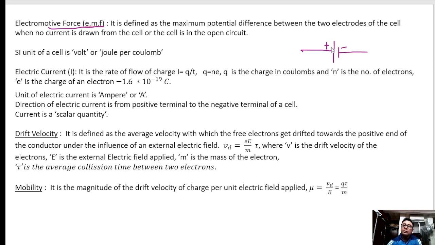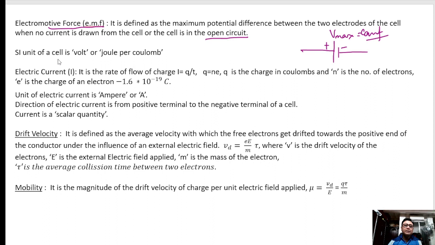The maximum potential difference which can exist between the two electrodes of a battery in an open circuit is called the EMF, electromotive force.